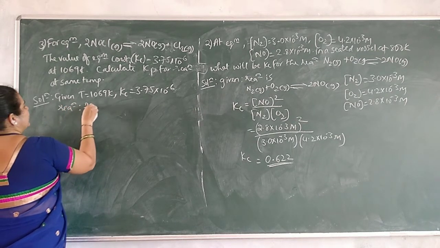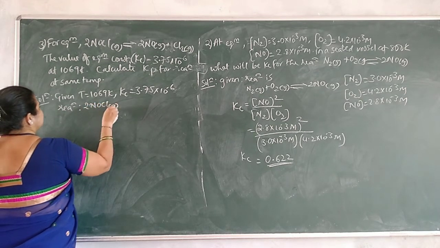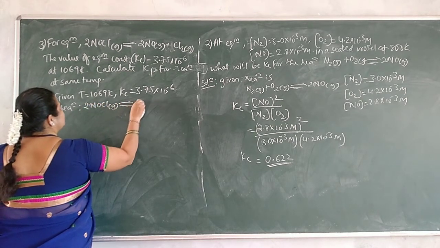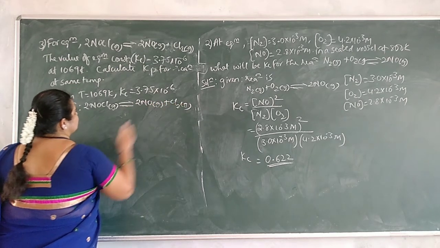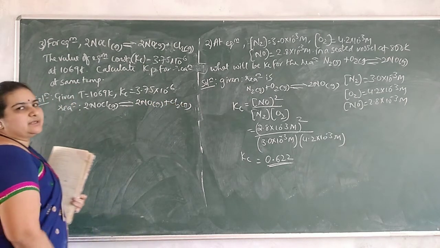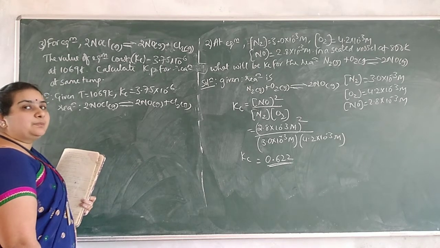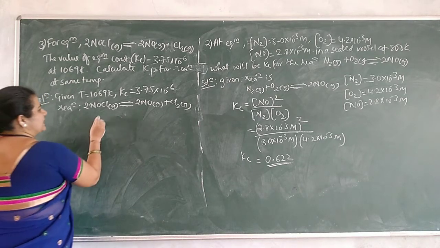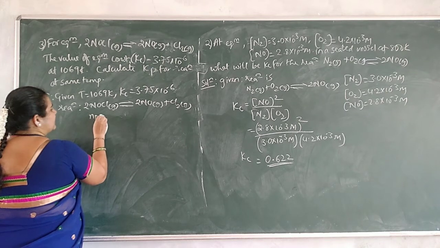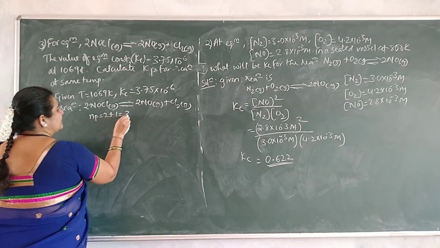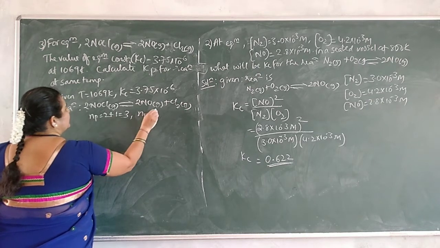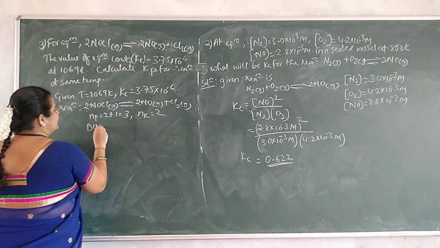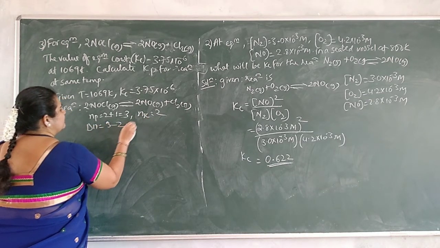Reaction will be 2NOCl gaseous reversibly giving rise to 2NO gaseous plus Cl2 gaseous. Now write the relation between Kp and Kc by writing delta n. So here np is equal to 2 plus 1 is equal to 3. nr is equal to 2. That is delta n is equal to 3 minus 2 equals 1.